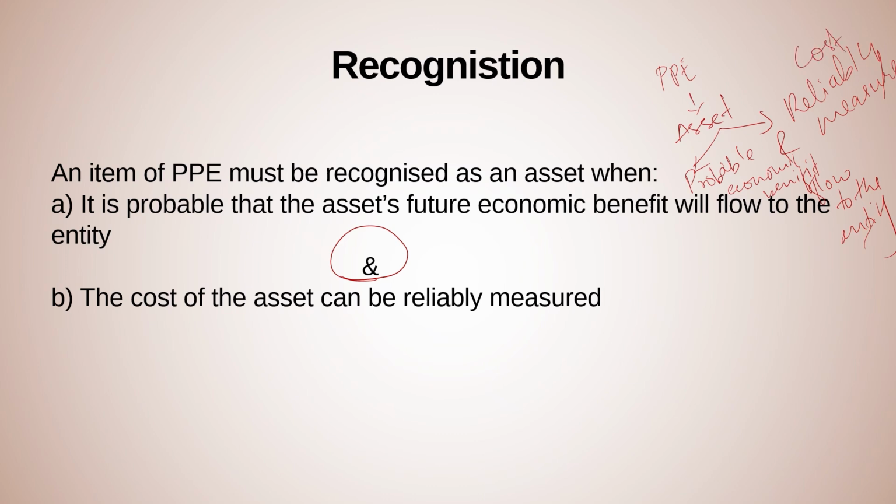Okay, so if these two criteria are met, that is the asset should generate an economic benefit that flows to the entity, and the cost of the asset can be reliably measured, then the item of property, plant and equipment will be recognized as an asset under IAS 16.